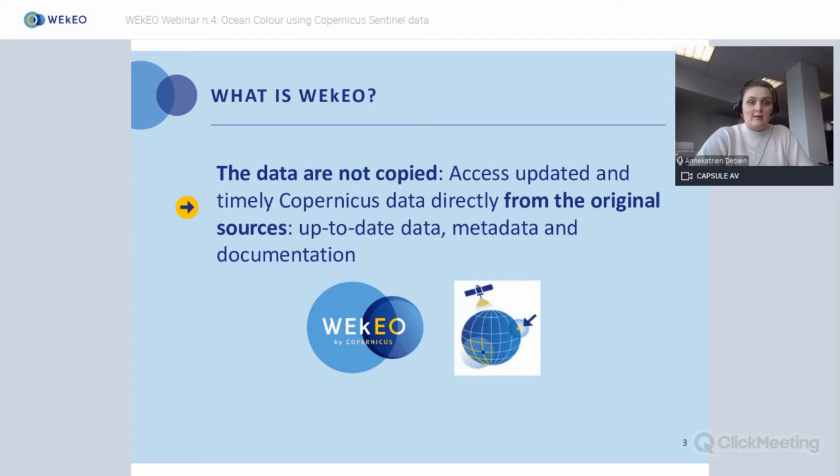No, they fetch it directly from the existing original data hubs. So, for instance, that's taking it directly from ESA, from EUMETSAT, from any of the Copernicus services, so that you have the most up-to-date data products and services.